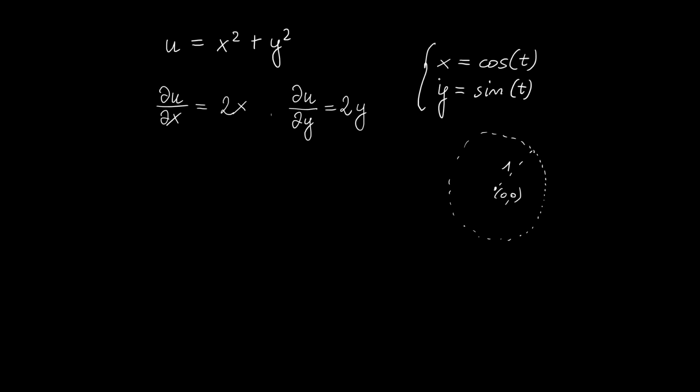It's equation of motion which looks like that. And now we have certain value u which we can calculate for each pair of real values, so we can calculate it for each point of the plane.